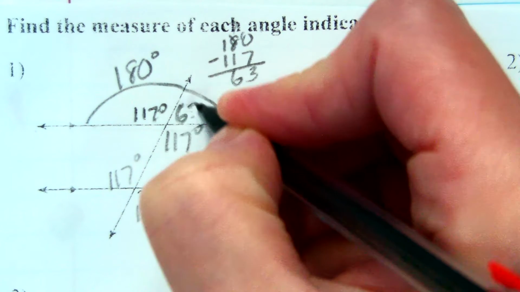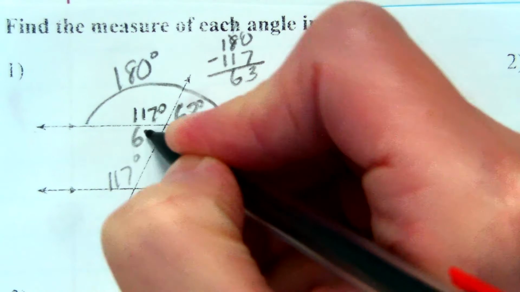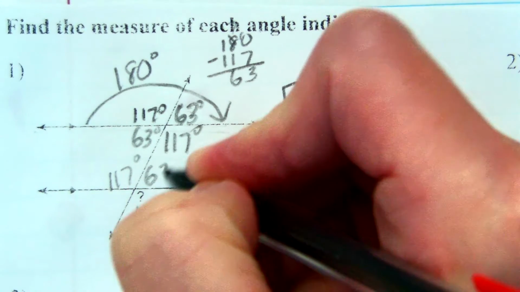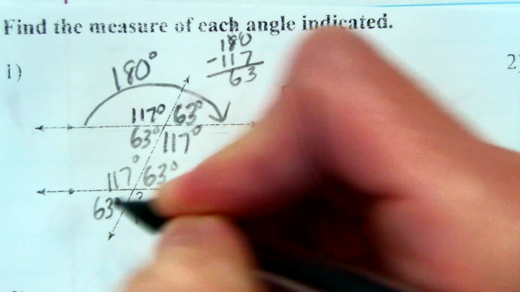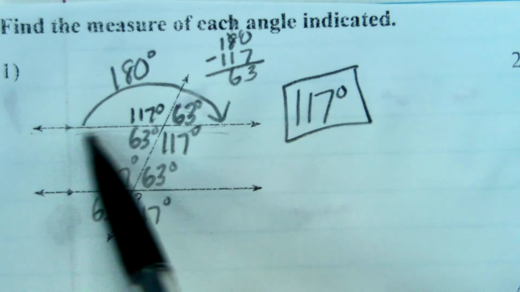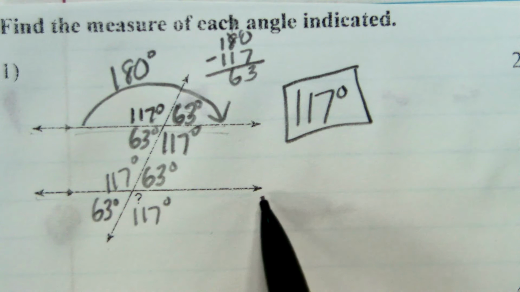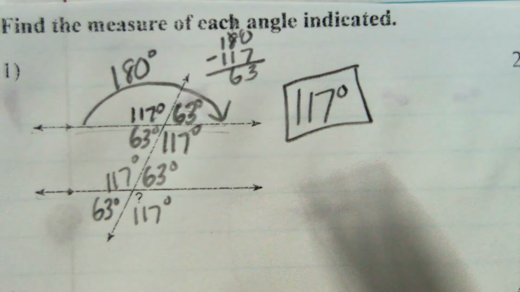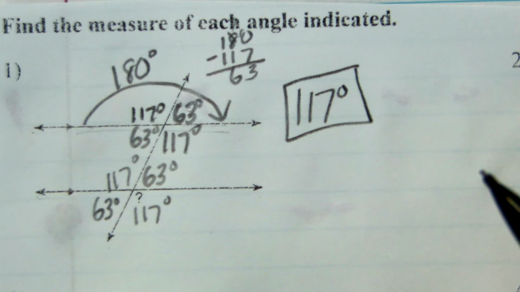So this one would be 63, this one's 63, 63, and 63. So if you know that these lines are parallel, and you know one angle, you can actually find them all.